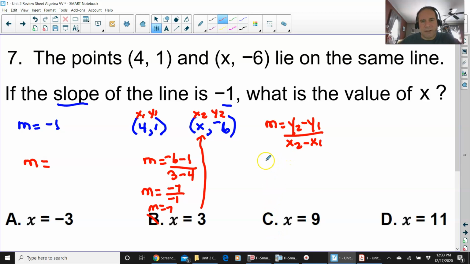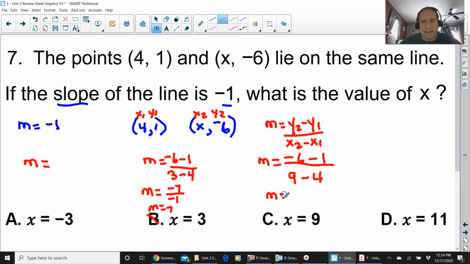Okay, let's go on to this one. So m equals, instead of 3, we are now going to substitute this 9 in for the x. So we have y2 minus y1, which is negative 6 minus 1. And then we have x2, which is now 9 minus 4.